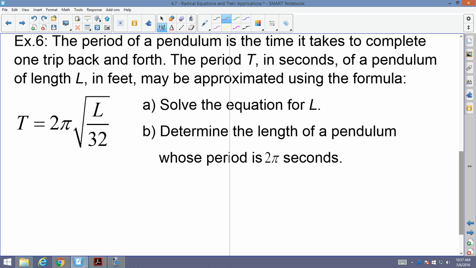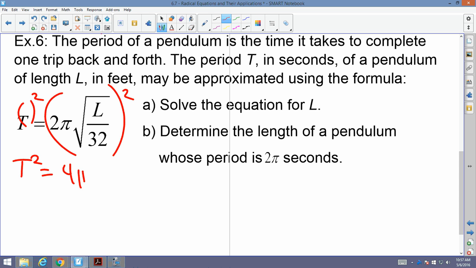Okay, what's the first thing you think I want to do here? No, this isn't a square root, so I've got to get rid of that square root. Okay, I'm going to square both sides. Very good. So I'm going to get T squared equals 4 pi squared times L over 32. Okay? I'm going to go ahead and simplify this.